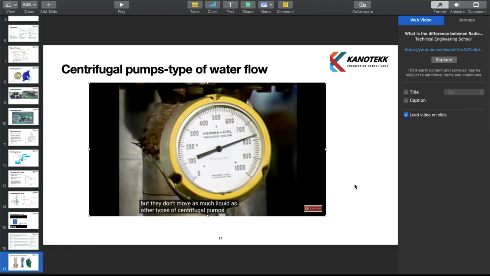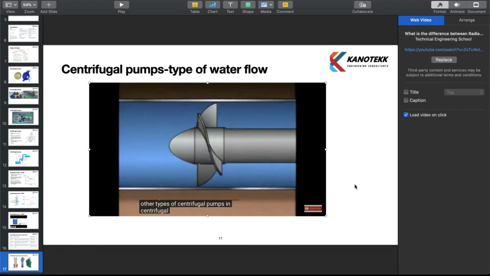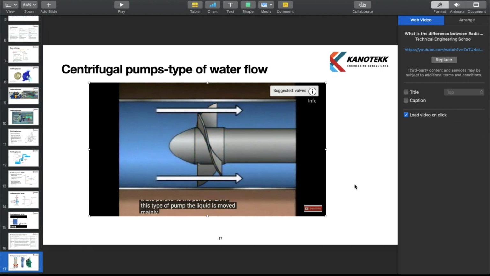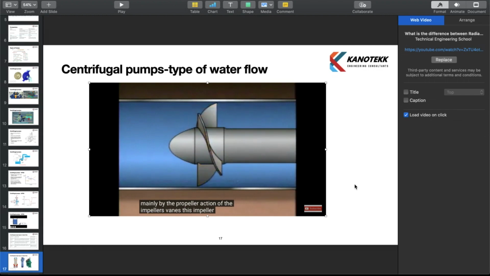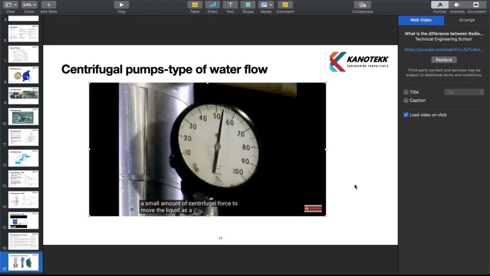In centrifugal pumps that have an axial flow design, the impeller moves the liquid through the pump along a path that's parallel to the pump shaft. In this type of pump, the liquid is moved mainly by the propeller action of the impeller's vanes. This impeller uses only a small amount of centrifugal force to move the liquid. As a result, the discharge pressure of an axial flow pump tends to be lower than that of a radial flow pump.